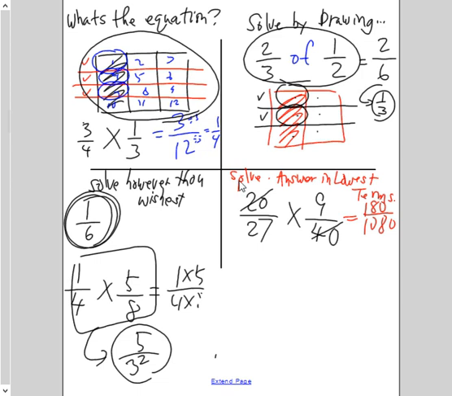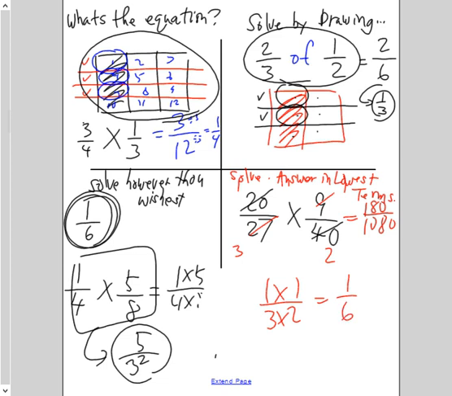So I'm going to change the 20 to a 1 and the 40 to a 2. 20 over 40 reduces down to lowest terms as 1 over 2. What about 9 over 27? What's that reduced down to? 1 over 3. So now, instead of having 20 and 9 as my numerators, I have 1 and 1. Instead of having 27 and 40 as my denominators, I now have 3 and 2.